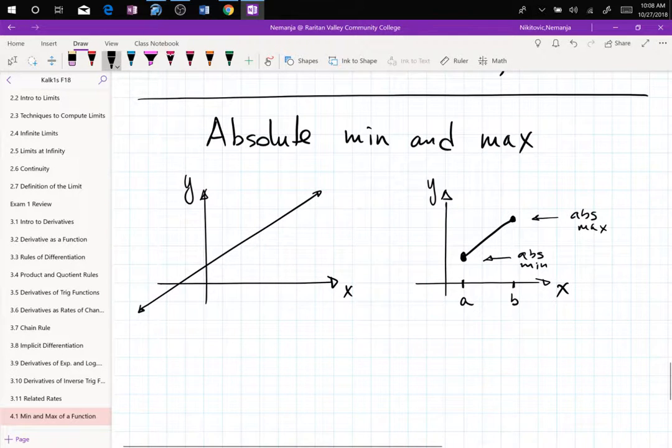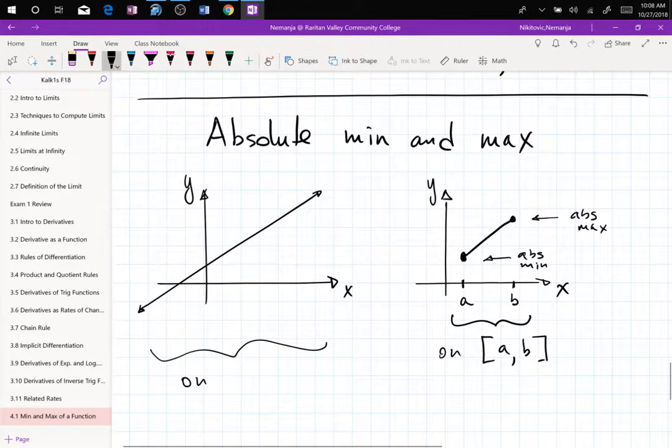We call it a restricted domain. So this part of the line here lives on AB, where this line over here lives on negative infinity to positive infinity.